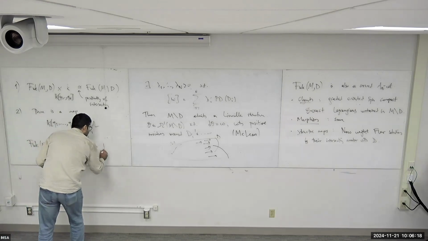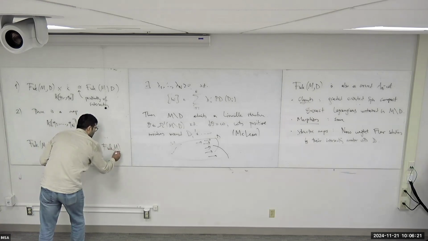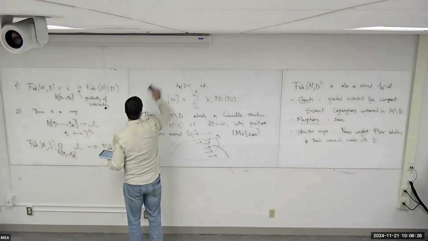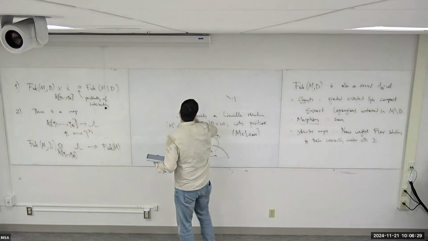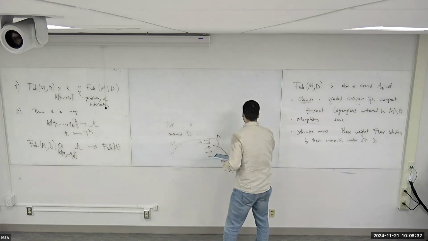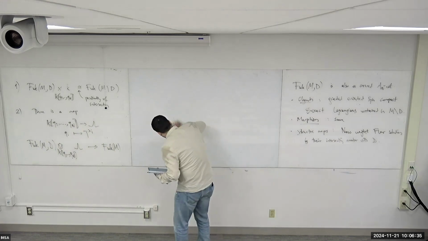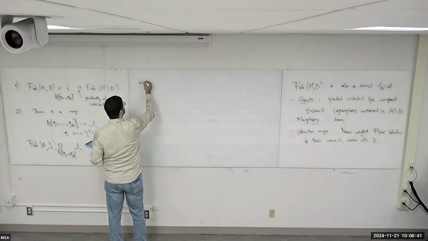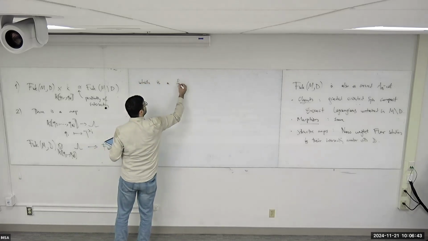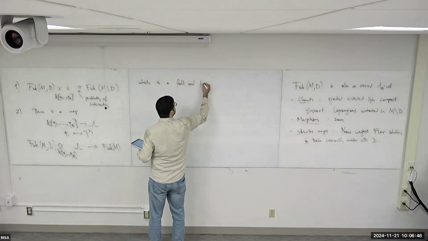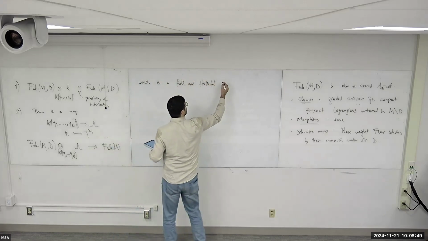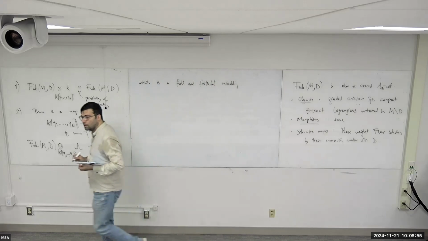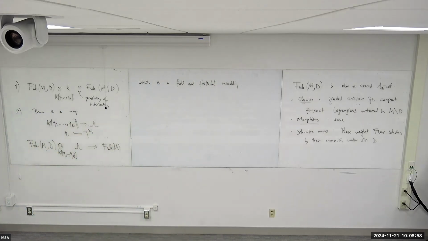There's a map to Fuk(M), which is a full, faithful embedding. So I can recover.